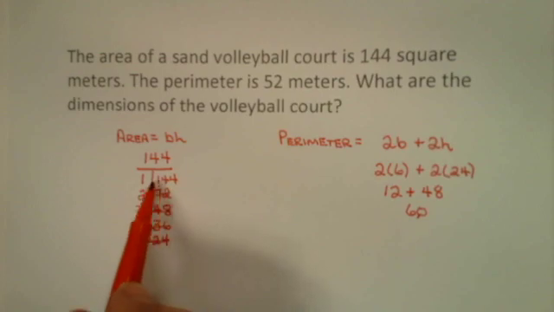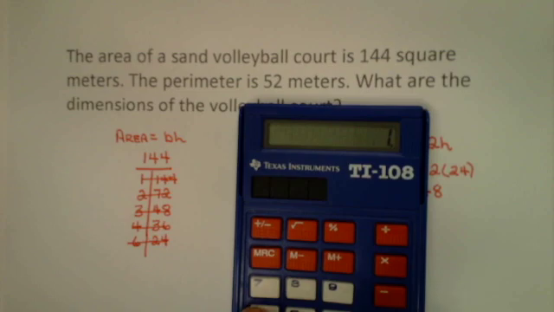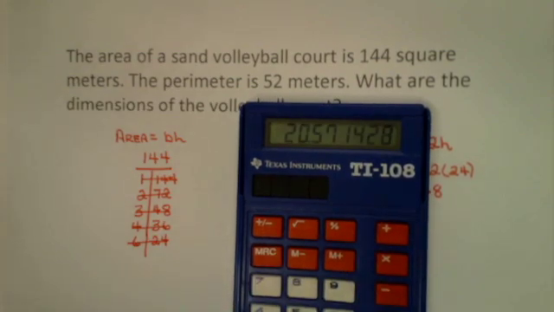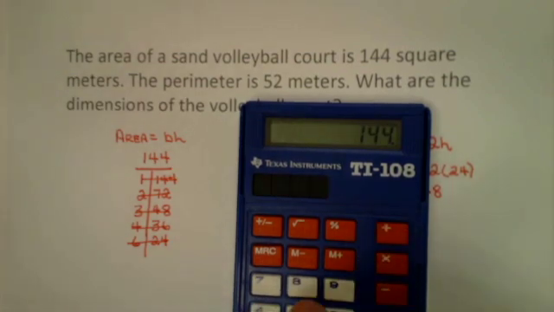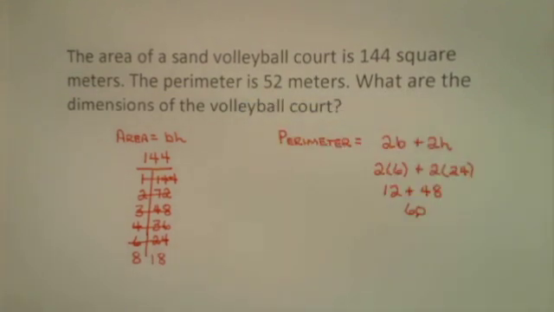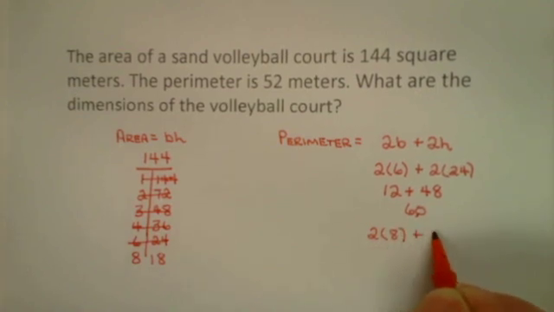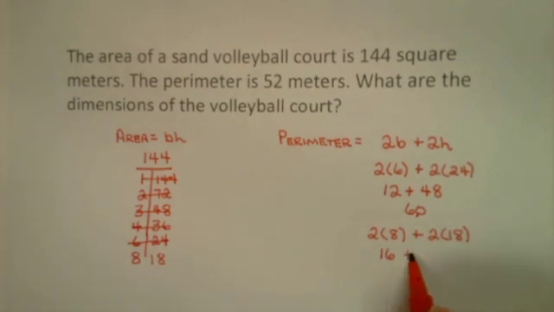None of these are working yet. 6 was the last number I checked. I'm going to see if 7 will go into 144. 7 will not go into 144. I'm going to see if 8 will go into 144. 8 and 18. 2 times 8 plus 2 times 18. 2 times 8 is 16 plus 2 times 18 is 36. 16 plus 36, 52.